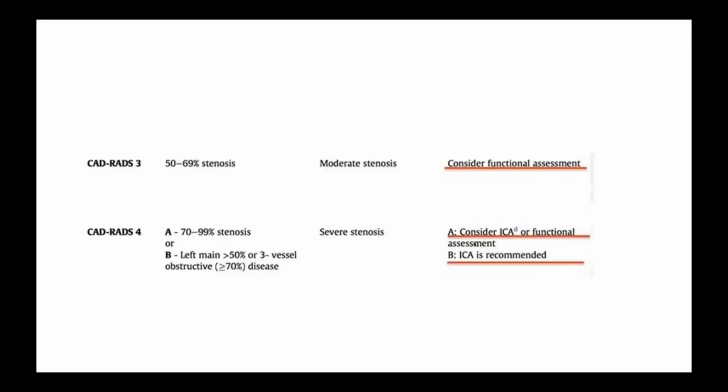And those with more than 70% or severe stenosis, you will consider for coronary angio. If they have left main more than 50% or three vessel disease more than 70%, of course invasive coronary angiography is indicated. So whenever you have a CT report, don't jump directly to the cath. If you have a high coronary calcium score, don't jump to send the patient to cath. You need to know how to interpret these tests and the calcium scoring.